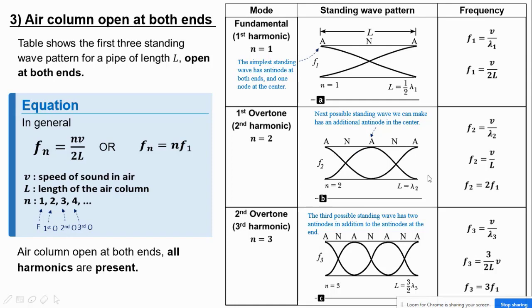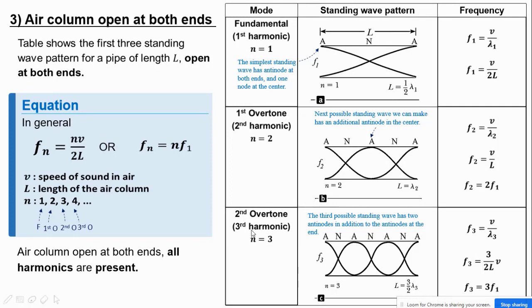This is a total length equal to 1 λ, so we can write L equal to λ2. The frequency is f2 equal to v over λ2, and our λ2 is equivalent to L, so we have f2 equal to v over L. And we have the relation f2 equal to 2 times f1 when we compare with the formula for f1.